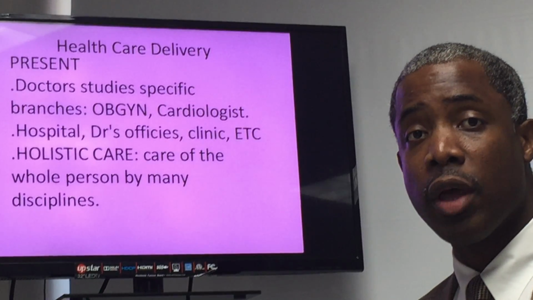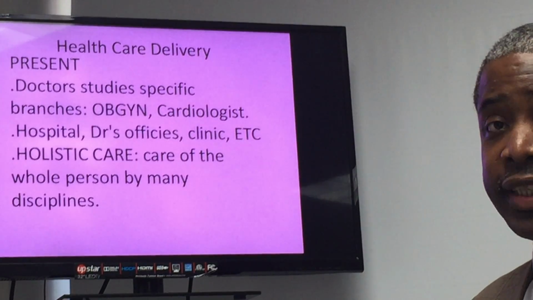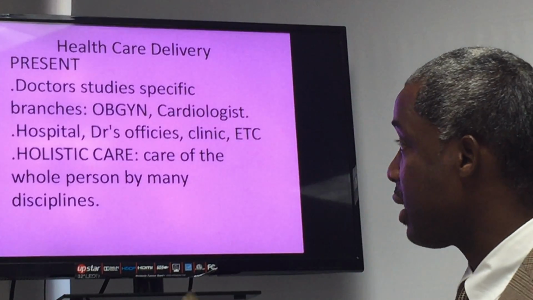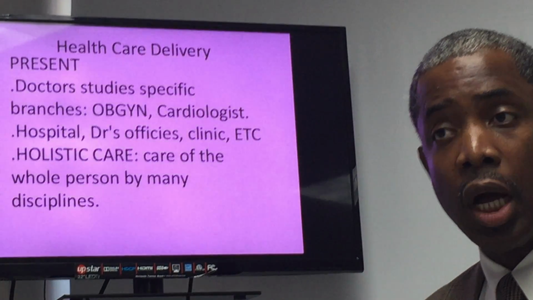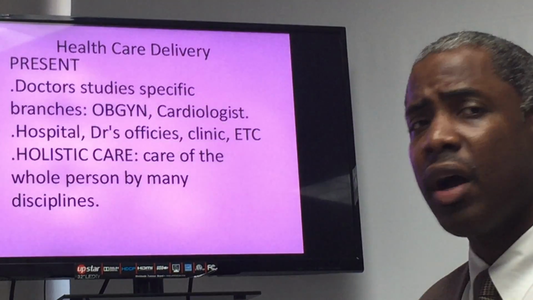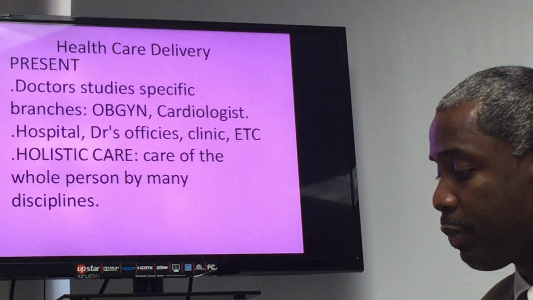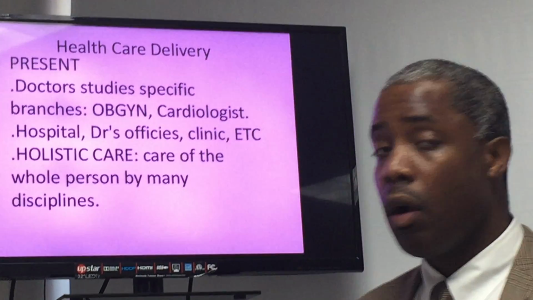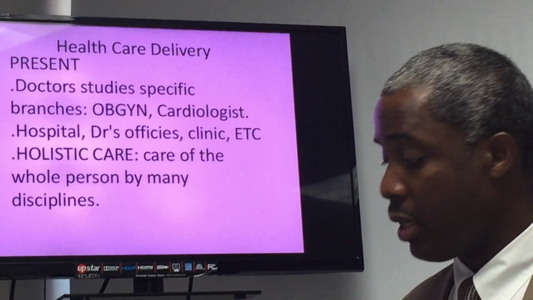They would be working with your dietitian if your diet needs to be modified because of your diagnosis, and with whatever other discipline, even physical therapy. All of those disciplines would be involved. So all those disciplines working together provide holistic care.